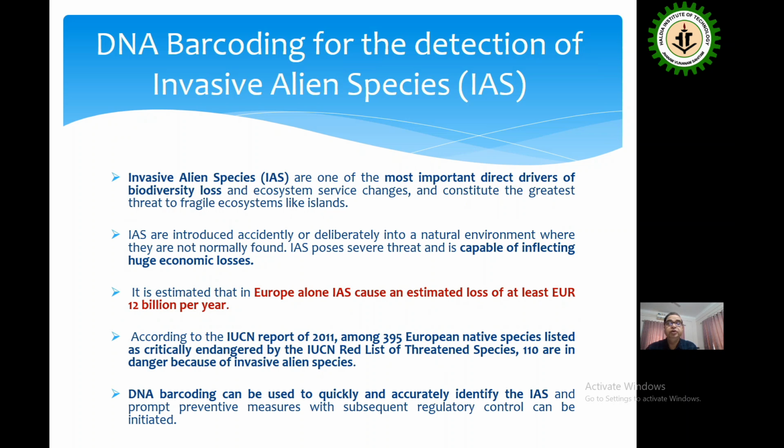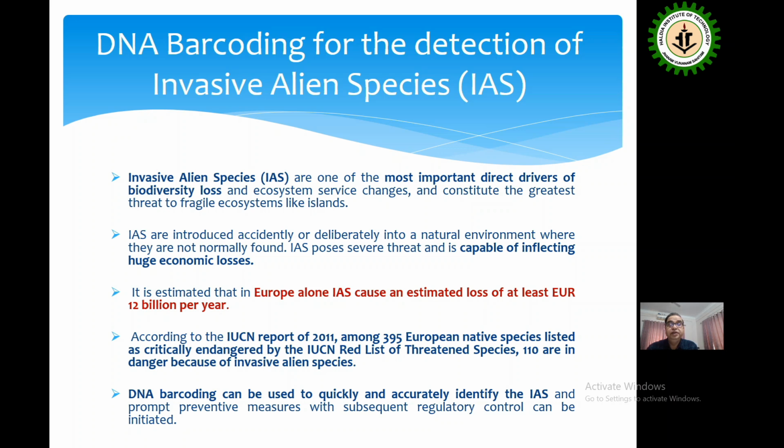Another very important topic related to DNA barcoding is that it can be used for early detection and quick detection of invasive alien species or IAS. What is invasive alien species?